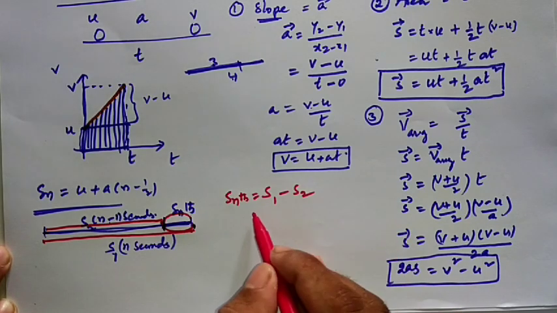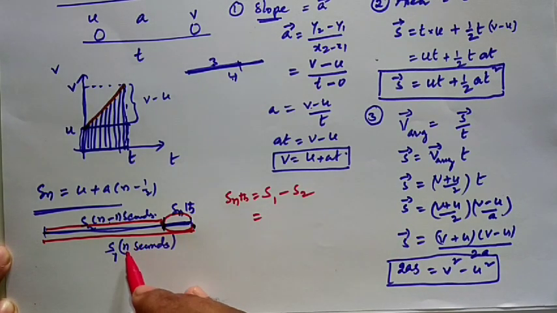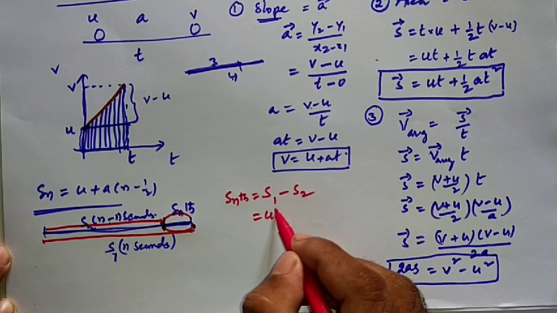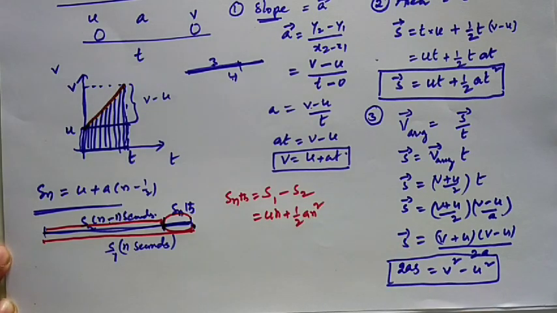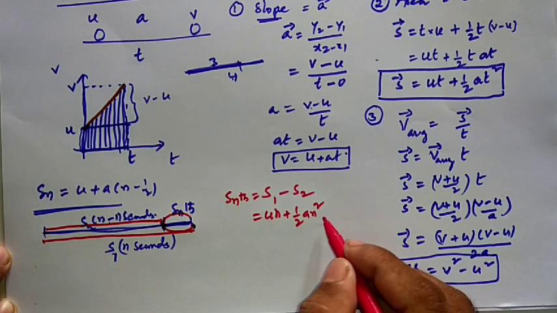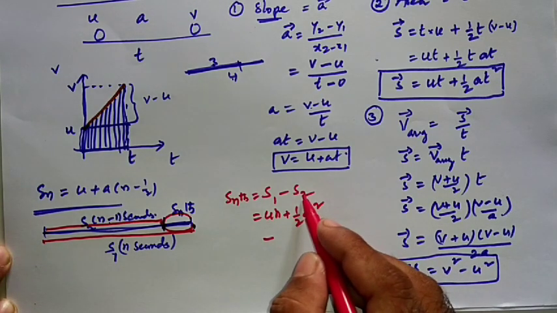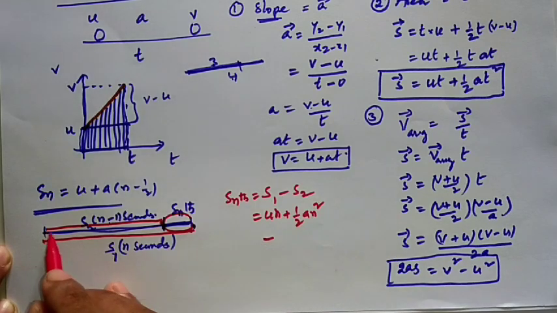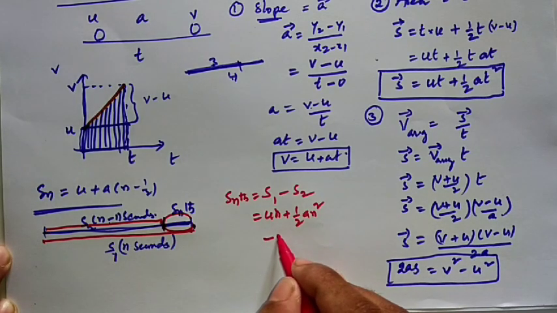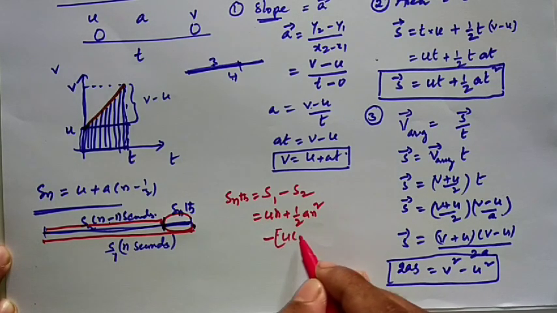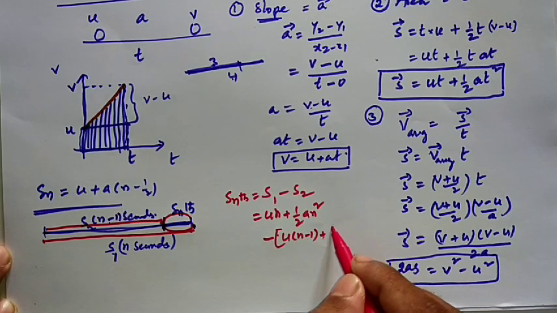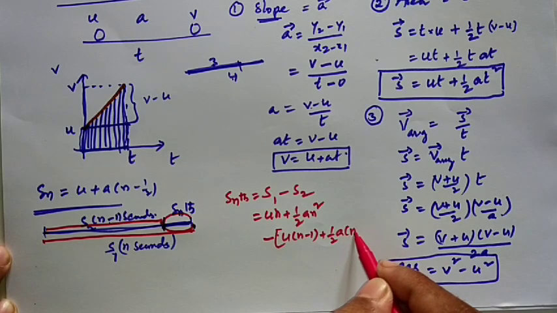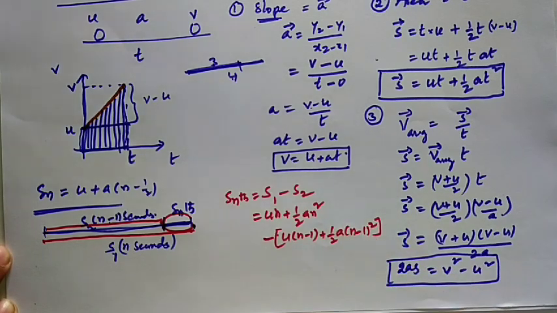Clear? Right. What is S1? Distance traveled in n seconds. That is un plus half a n square, that is ut plus half at square. Minus, what is the distance traveled in S2, means in n minus 1 seconds? That is u of n minus 1 plus half a of n minus 1 whole square.